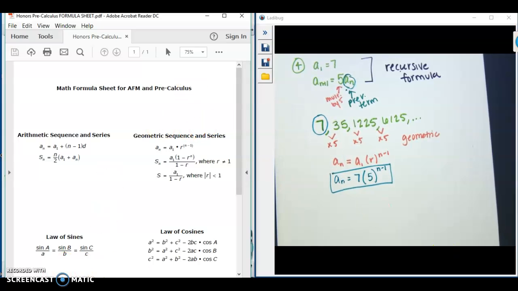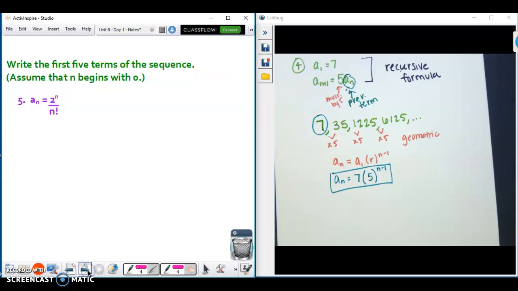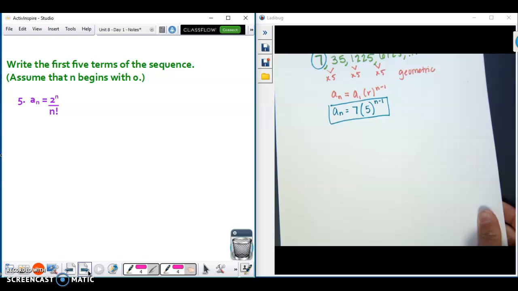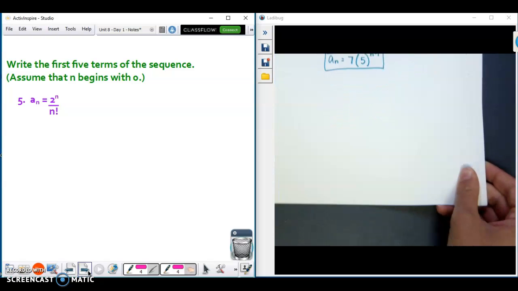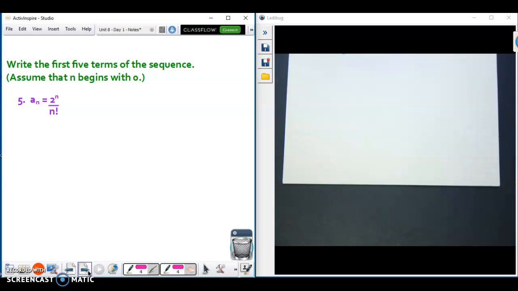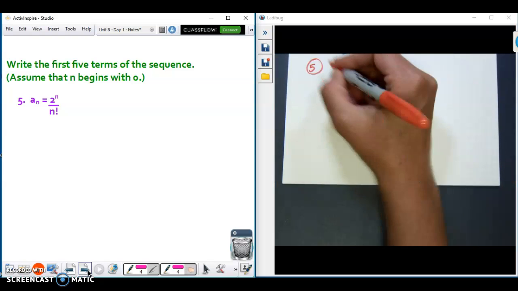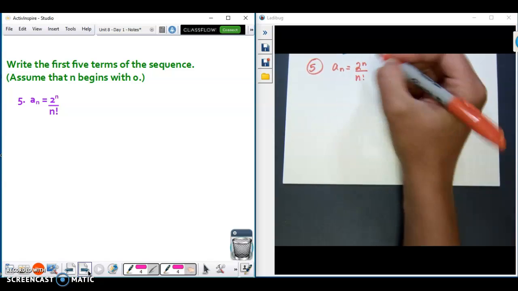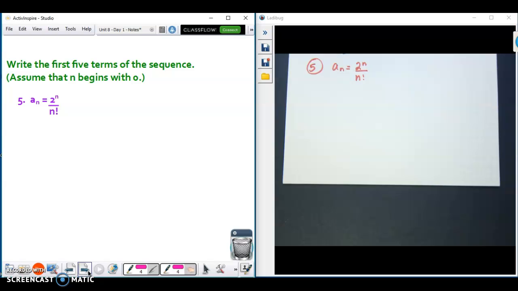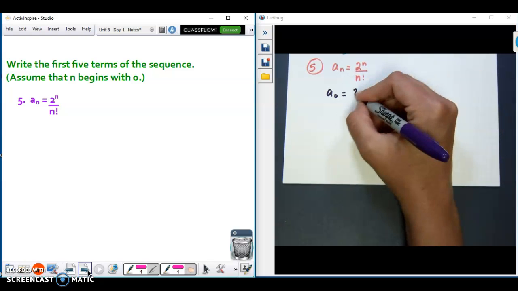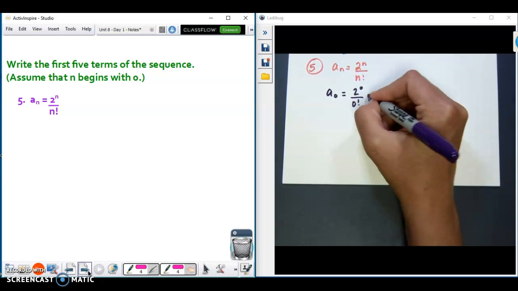Alright, so next, they want us to write out the first 5 terms, but this time they're saying assume that n begins with 0, so sometimes that can happen. This is called an explicit formula because they're just n's, they don't depend on anything. We are starting at n equals 0, so when you get your technical first term, you're doing a sub 0. So 2 to the 0 over 0 factorial.